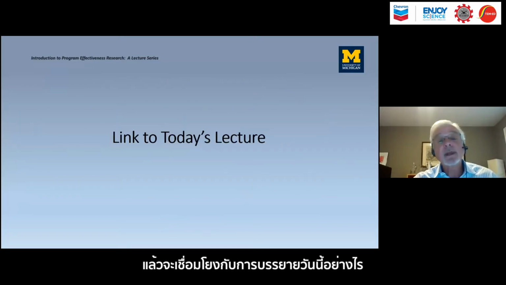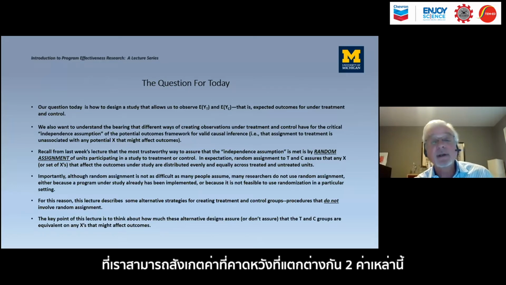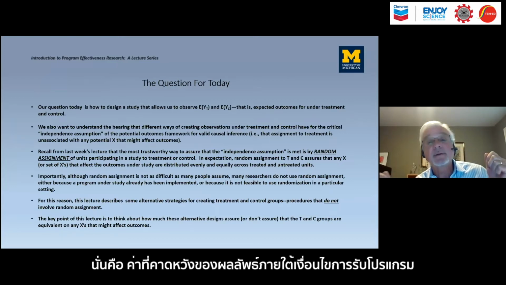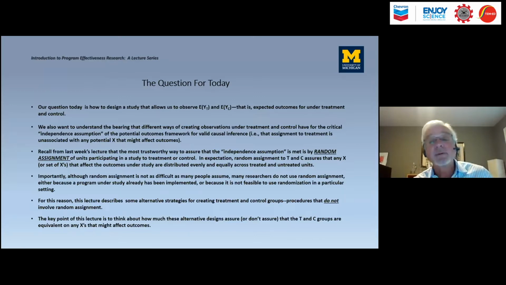So what is the link to today's lecture? The question for today is how to design a study that allows us to observe these two different expected values: the expected value of the outcome under treatment and the expected value under the control condition.